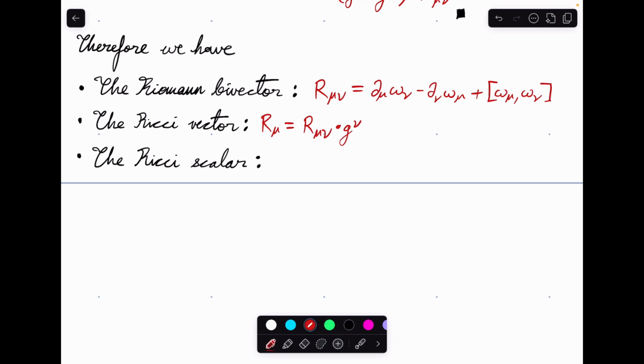And that is just going to be cursive R, which is G mu dotted with the Ricci vector, or we can have G nu wedge G mu dotted with the Riemann bivector.